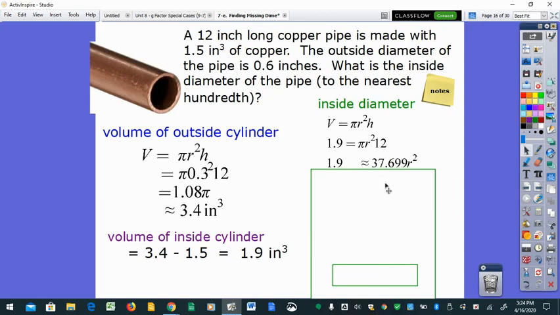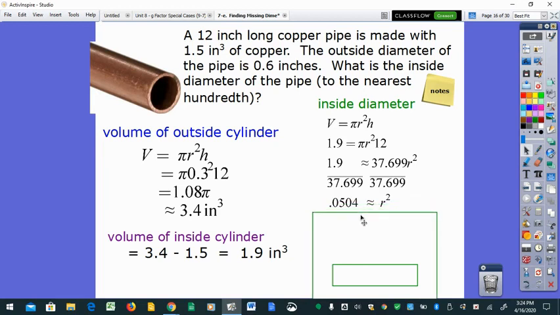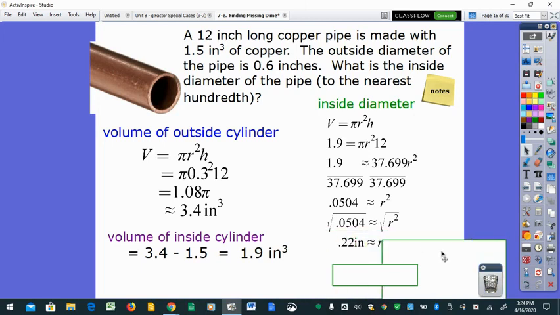I'm going to divide both sides by that 37.699. 1.9 divided by 37.699 gives me about 0.0504, and that's the radius squared. I'm going to take the square root of 0.0504 in the calculator, and the radius of the air inside would be about 0.22 inches.